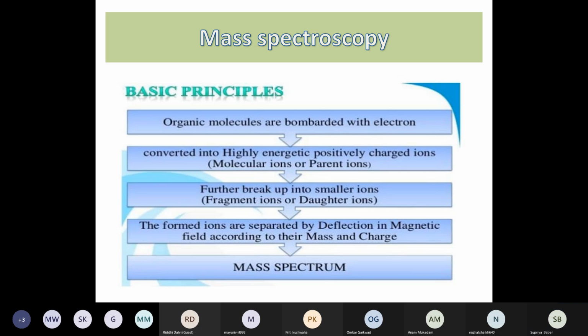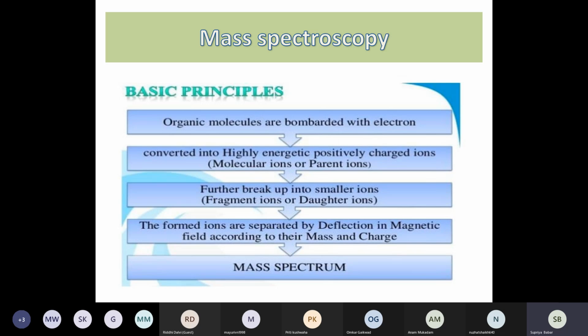So, the basic principle of mass spectroscopy: the organic molecules are bombarded with high energy electrons. That energy is 70 electron volt, which is enough to break the chemical bond. Actually, it is far in excess of the usual chemical bond energies.